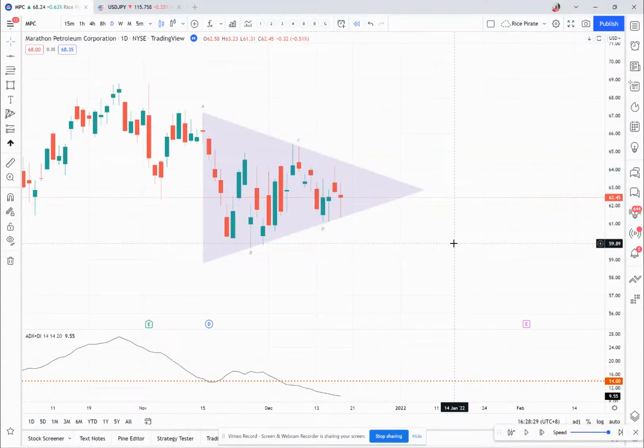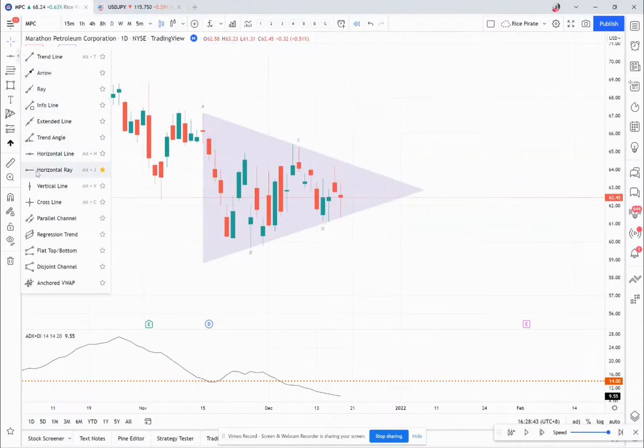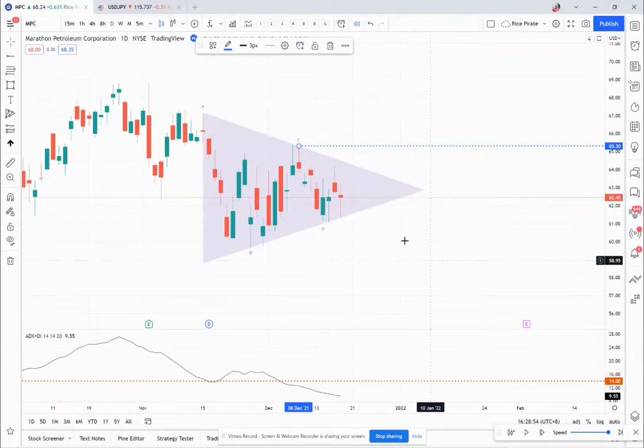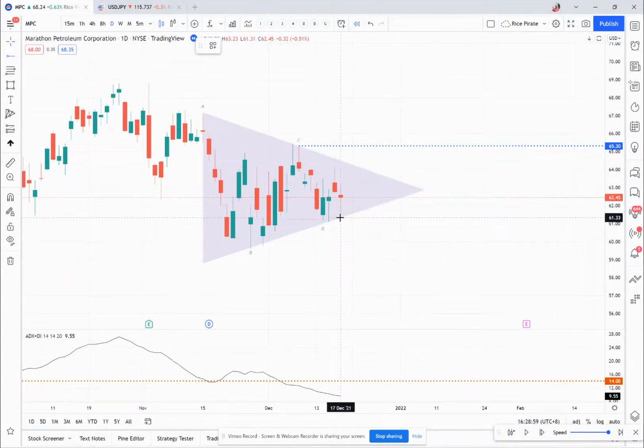And what I would be doing at this point is saying, okay, where is my higher low and where is my lower high? Well, at this point it's a little bit fuzzy, but my lower high is kind of right about in there, and my higher low is right about there.